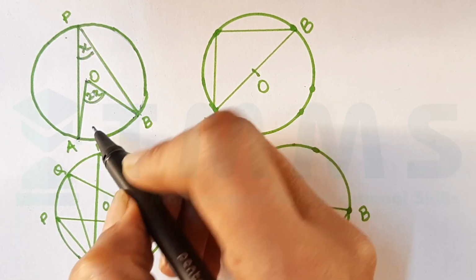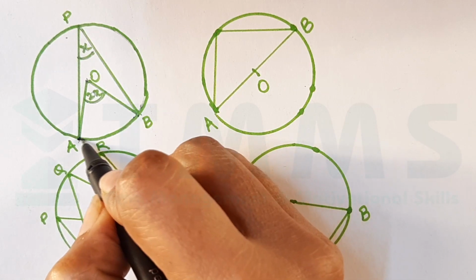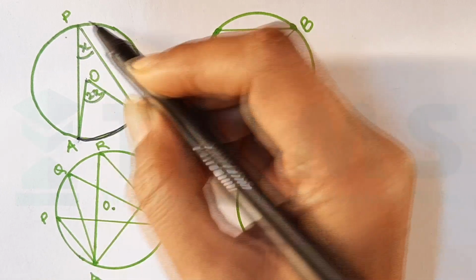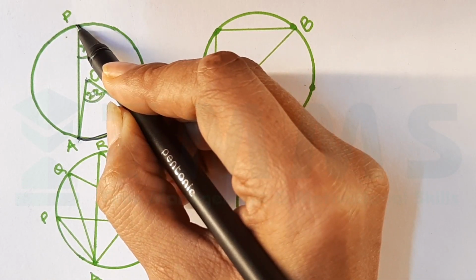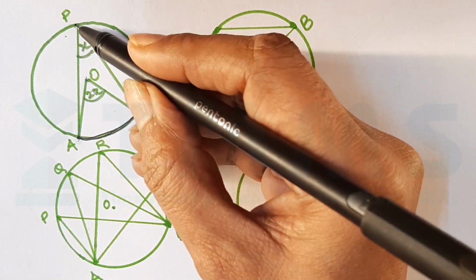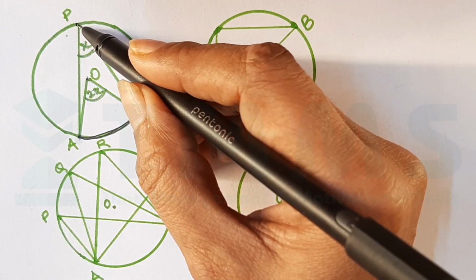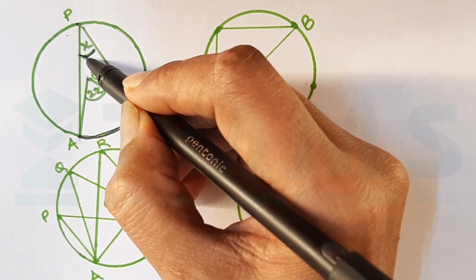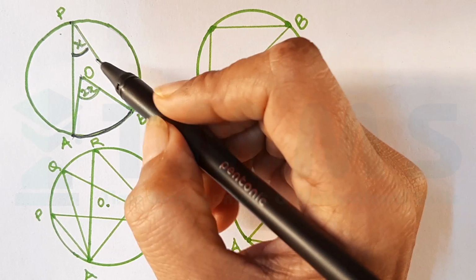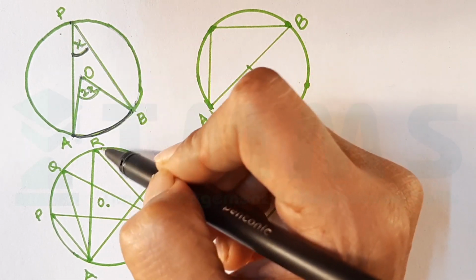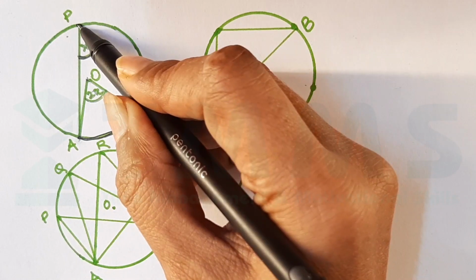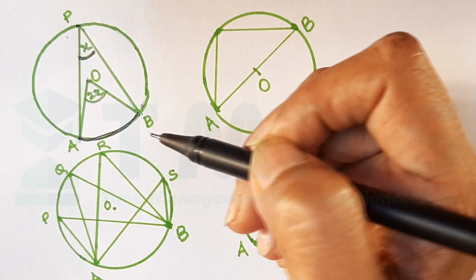And if you take the same two endpoints of this arc and move towards any point on the circumference, let us say this point P, then if you join AP and BP, what you get is this angle over here, X, that is angle APB, and this is called the angle subtended by the arc AB at the remaining part of the circumference.